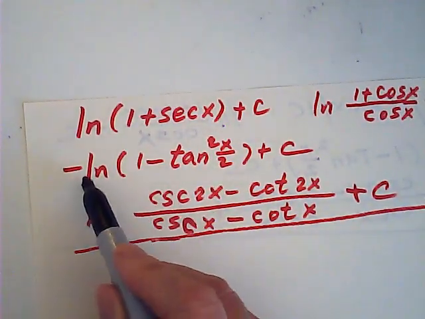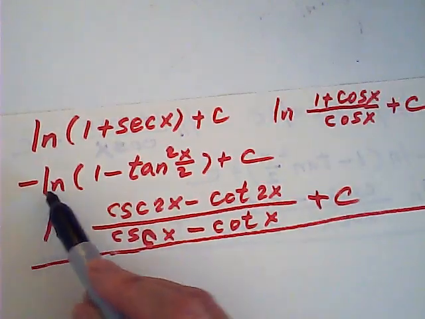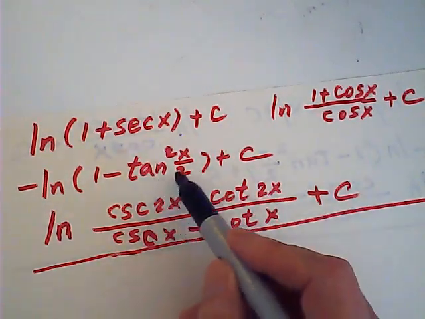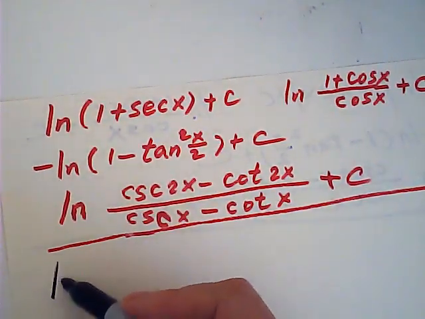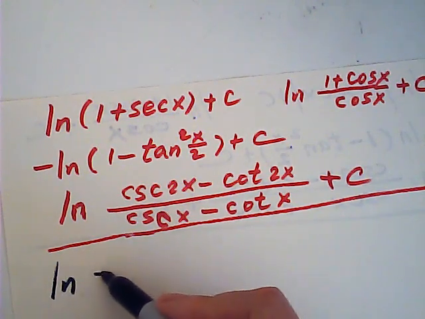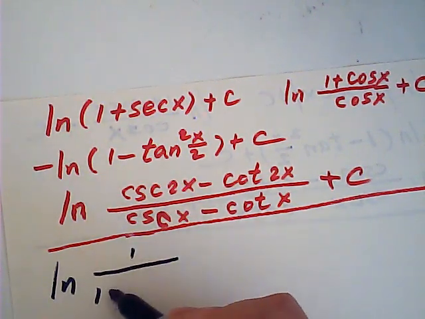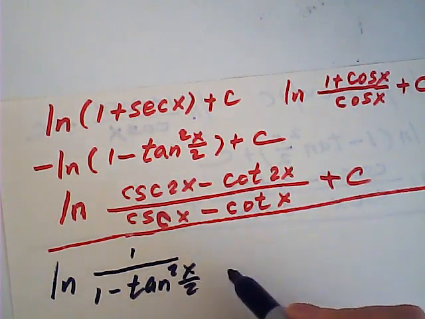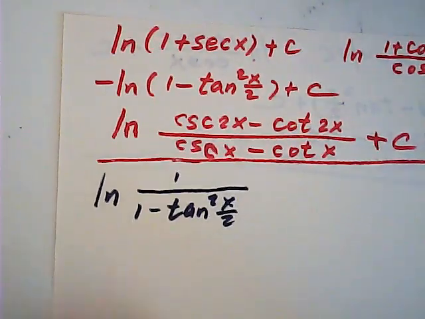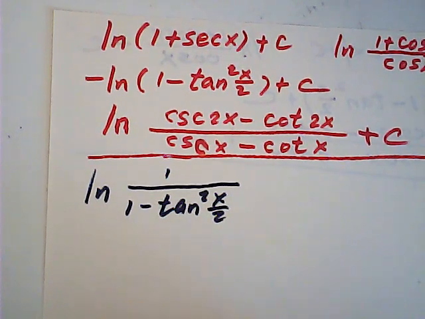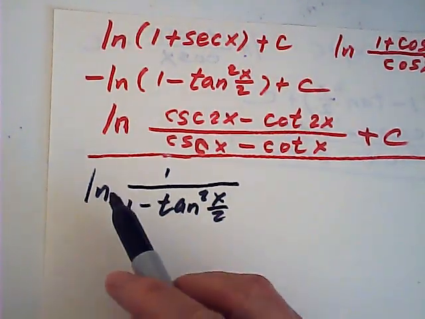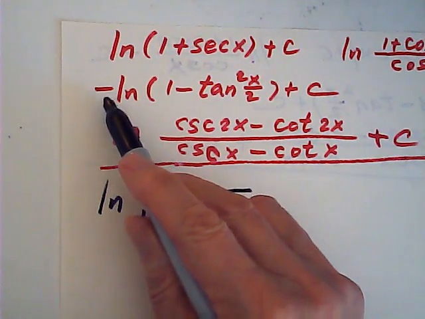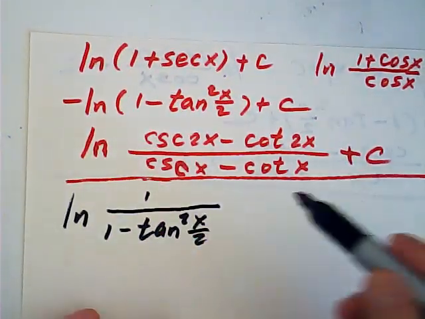Now this negative I can put inside to make it reciprocal. So it becomes natural log of 1 over half x, right? This is good. Now this negative goes there and it becomes reciprocal.